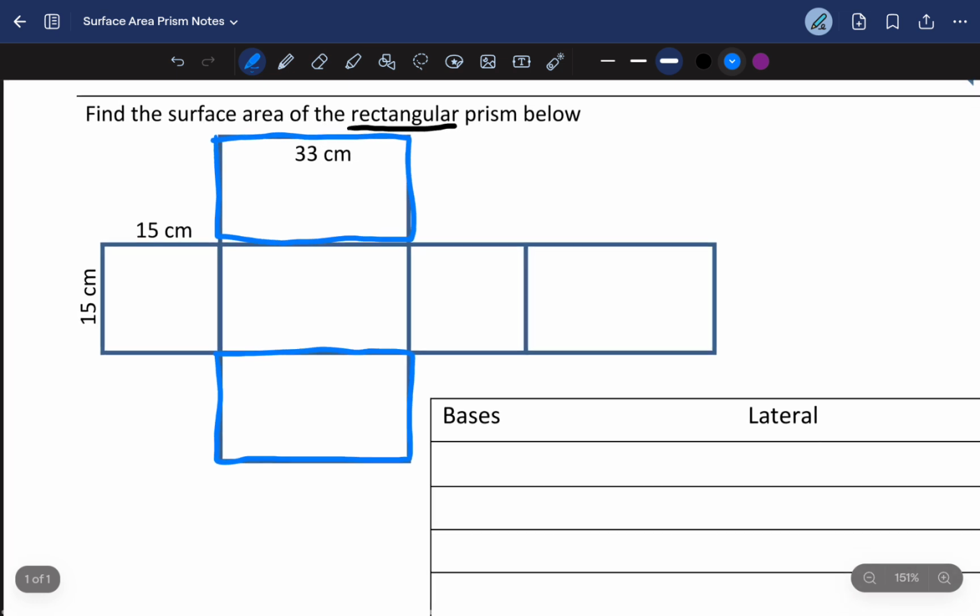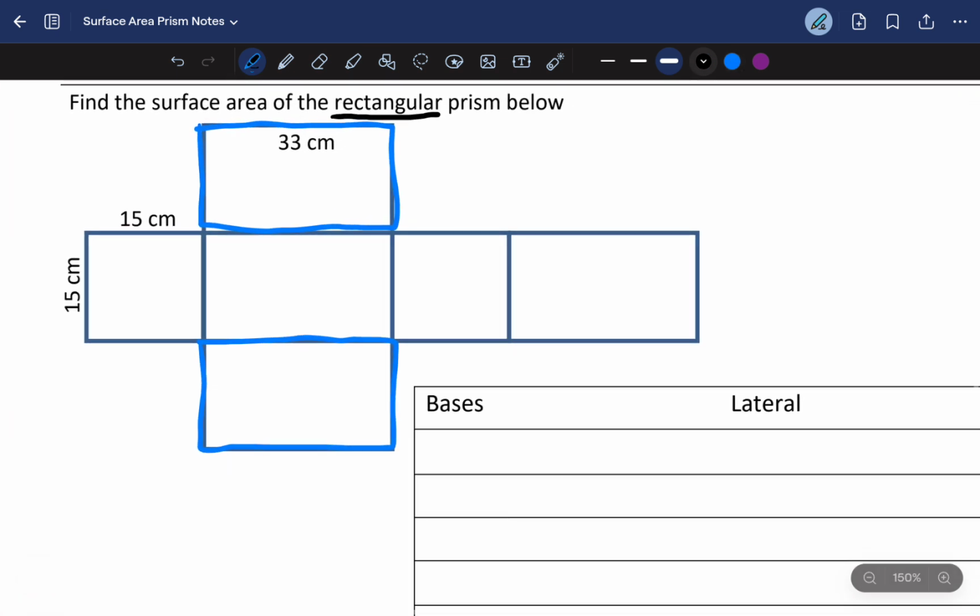A trick that I do when finding this is that I just label them by the alphabet. So I do A, B, C, D. I do these ones first because if it's lateral surface area, I just add those 4.